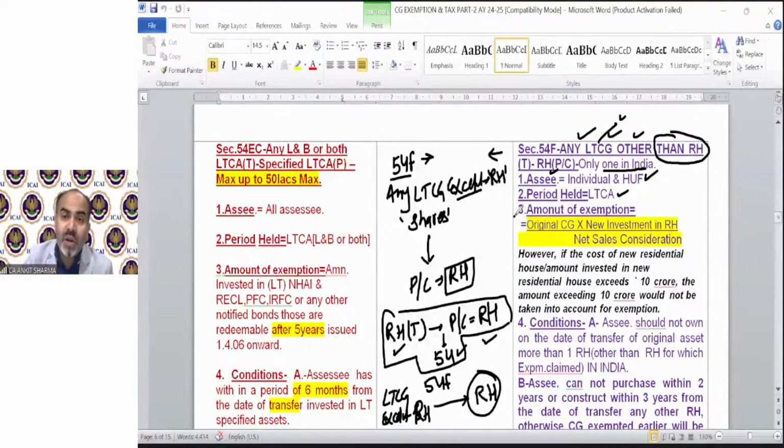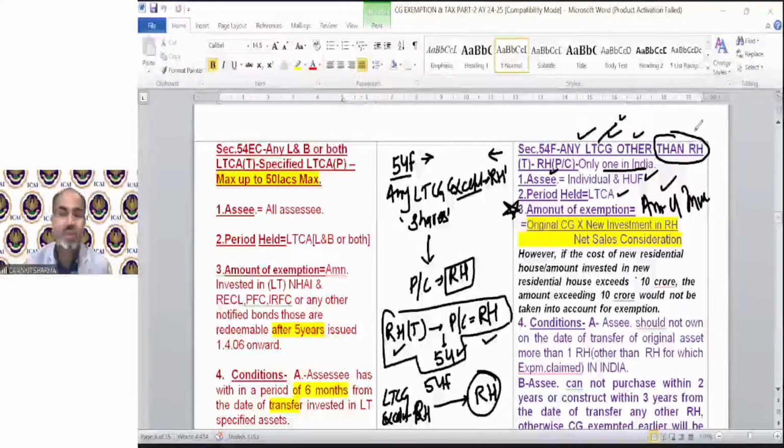Now there is a new condition. In all other exemptions, the previous 4 exemptions we have discussed, in all cases, the amount of exemption was the amount of investment. Whatever you will invest, you will get the exemption, subject to the maximum limit if any specified.